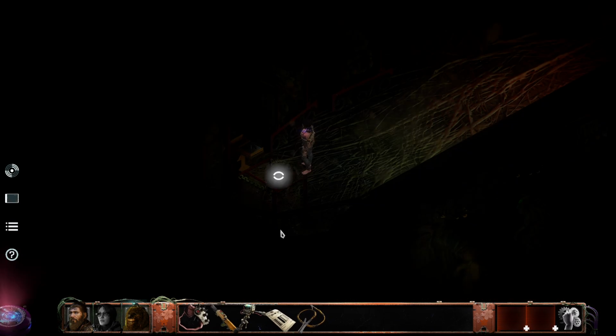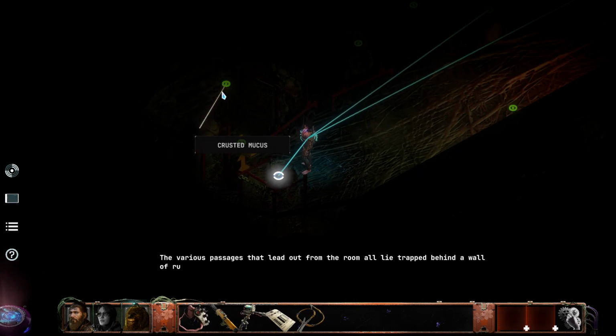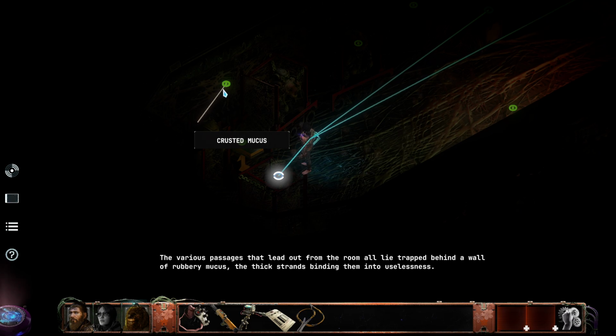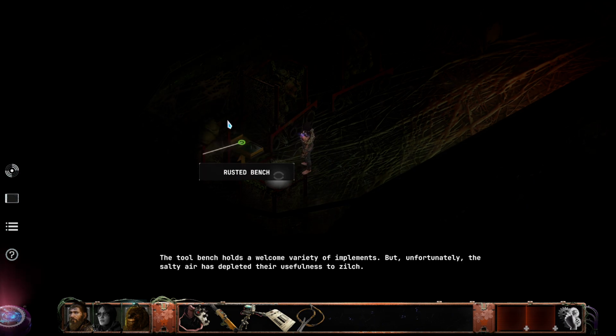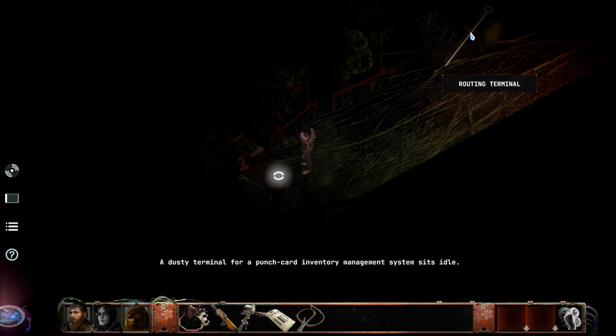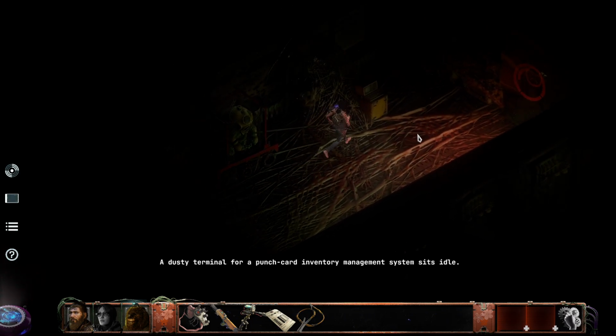Okay, useful stuff looted. I definitely know at least one thing I want to do with that torch. Here we have some crusted mucus. The various passages that lead out from the room all lie trapped behind a wall of rubbery mucus, the thick strands binding them into uselessness. Ugh. Alright, well, let's head up this way.